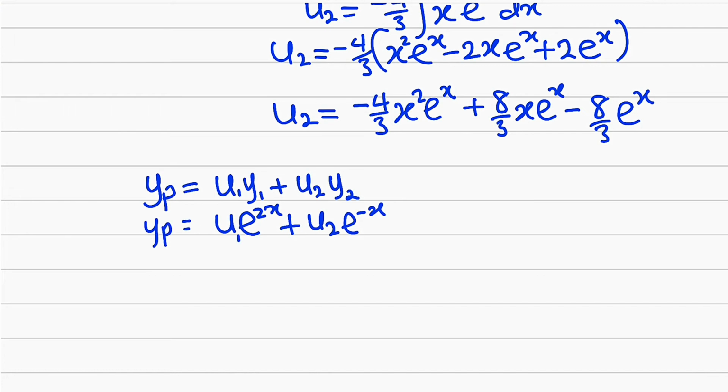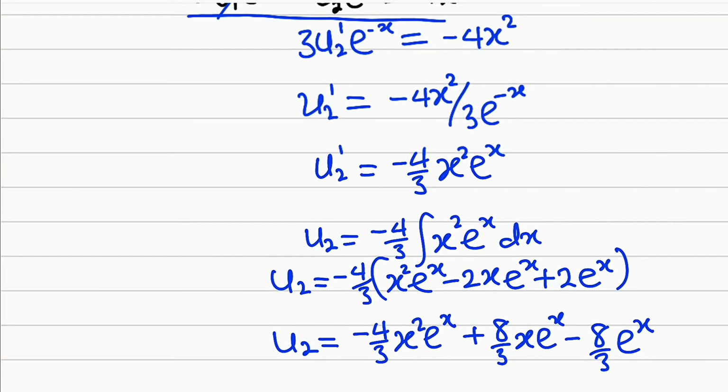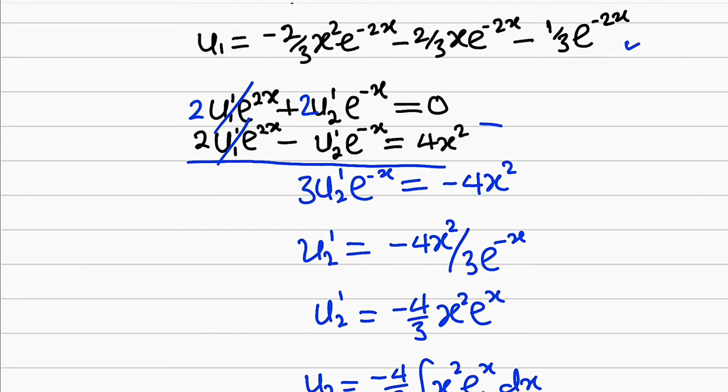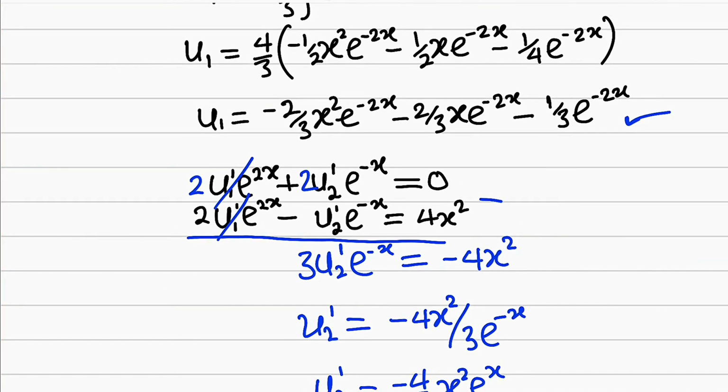So what does this mean? It means that we are going to multiply these sets together. We take u1, which is this, we multiply that by e to the 2x. If you multiply that by e to the 2x, all of this e to the negative 2x will cancel.